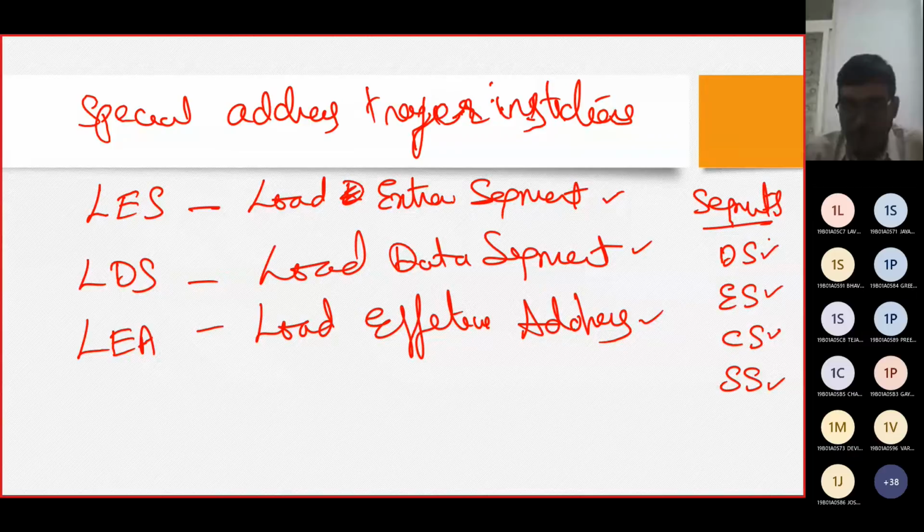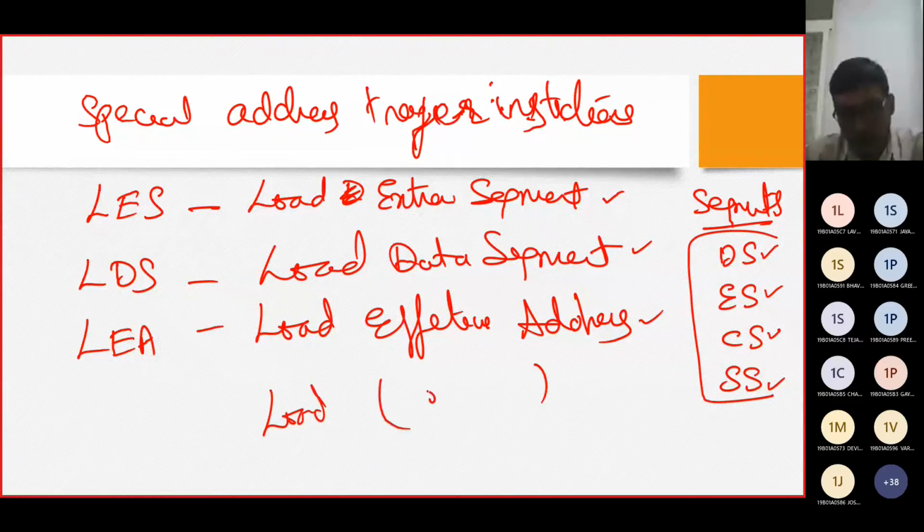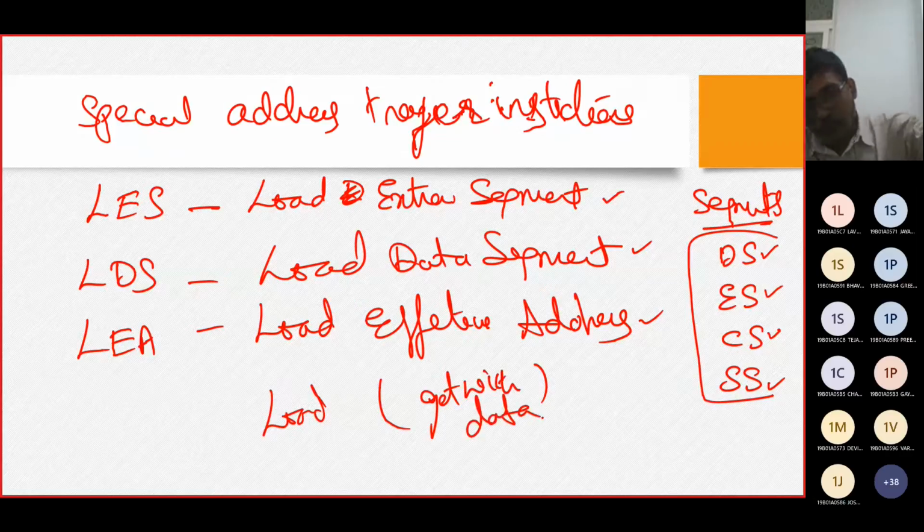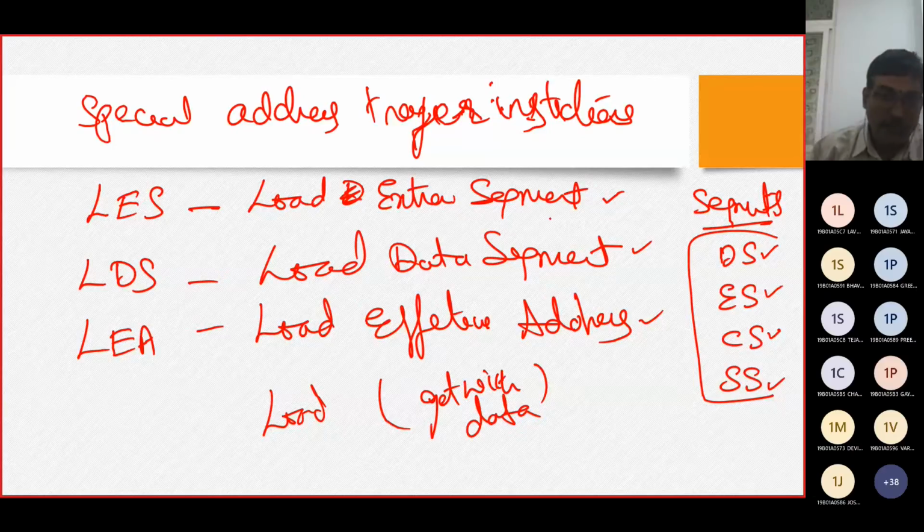So these items we are going to load with data. Now, what is this effective address here?